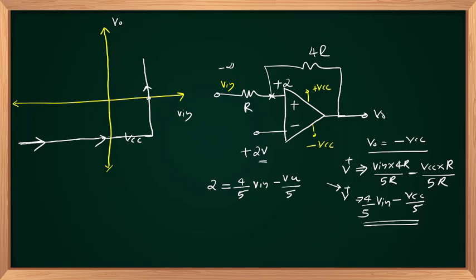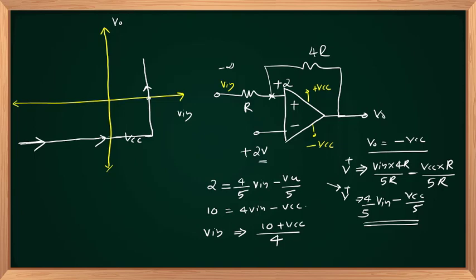That implies, taking the LCM, 10 equals 4 V in minus VCC, or V in equals 10 plus VCC upon 4, or VCC plus 10 by 4, right?